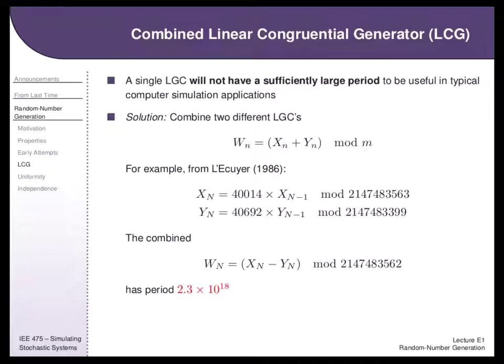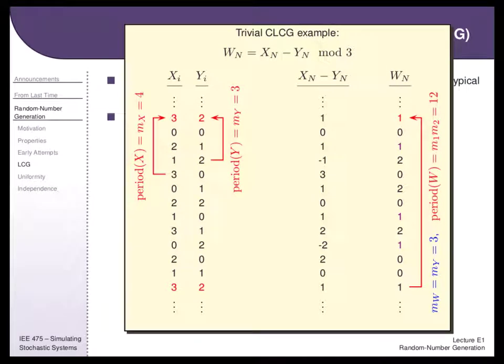And by doing that, even though each one of them has a small period, if they're generating numbers independent from each other, then the sum of them ends up having a much, much longer period. So here's a little numerical example where it's kind of trivial, but I generated a linear congruential generator with a period of 4, a linear congruential generator with a period of 3.